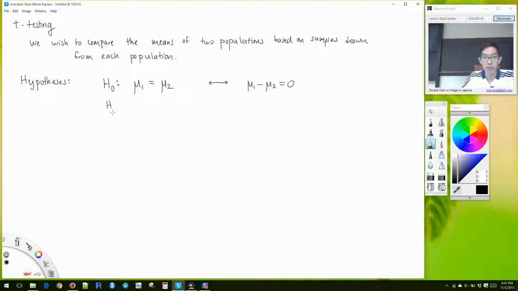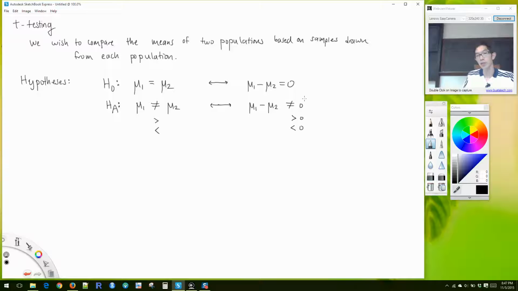And our alternative hypothesis is we replace the equal sign with either a greater than, less than, or not equal sign. And this is equivalent to writing that mu1 minus mu2 doesn't equal 0, is greater than 0, or is less than 0.